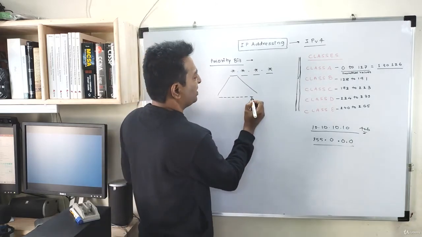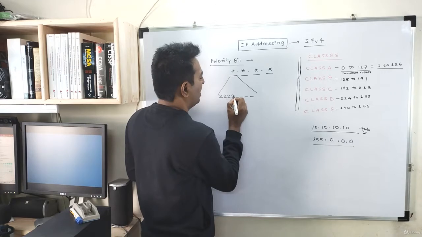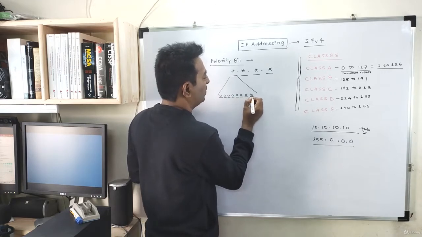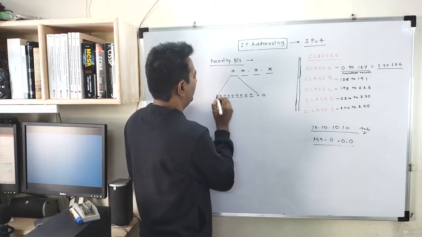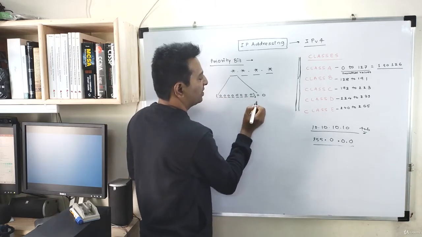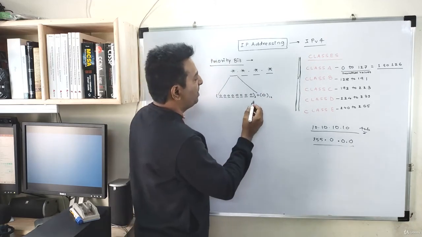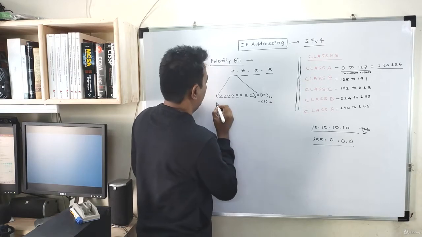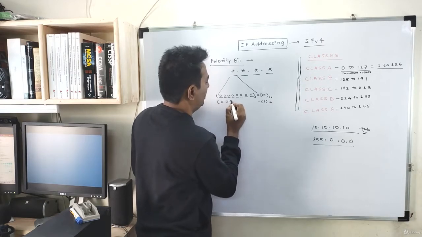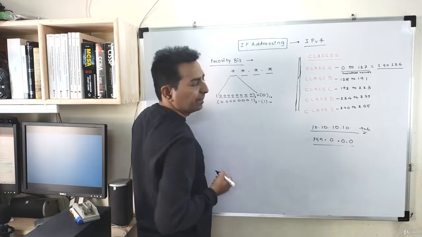In the last session we also understood that the lowest value could be 0, all zeros. This is the binary conversion of decimal 0. Consider you want 1, so it would be 0 0 0 0 0 0 0 1 to the base 2, right?